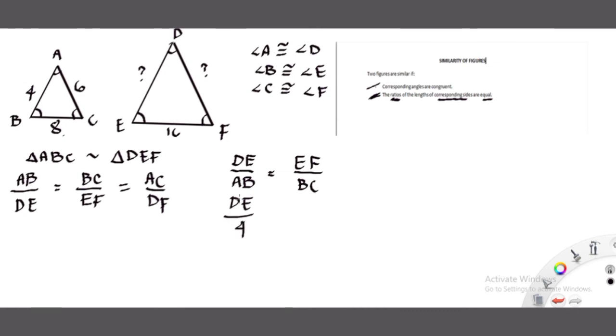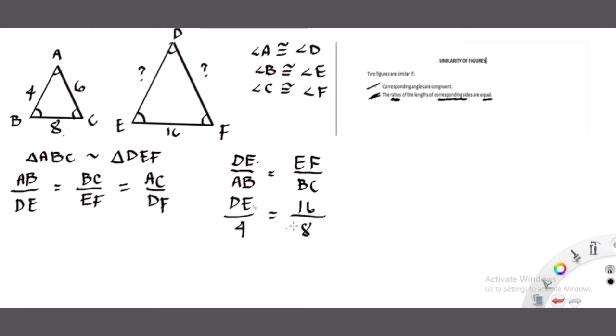Sinulat ko lang yung DE kasi hindi natin pa alam ang kanyang value at yan ang sinusolve natin. So, DE over AB, and AB is 4. Sinulat ko yan dito sa denominator. That is equal to EF over BC. Ano bang value ng EF? That is 16 over BC. The value of BC is 8.